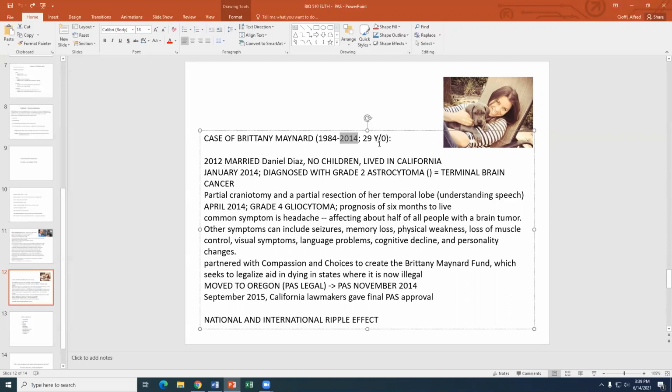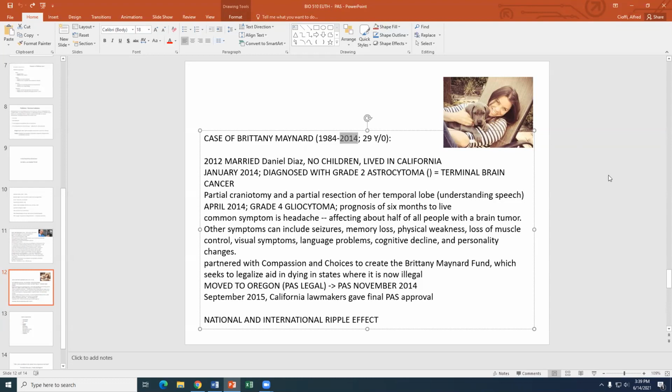Immediately after she died, it came up again on the ballots in the next cycle of balloting for California. And in 2015, what happened? California legalized it.